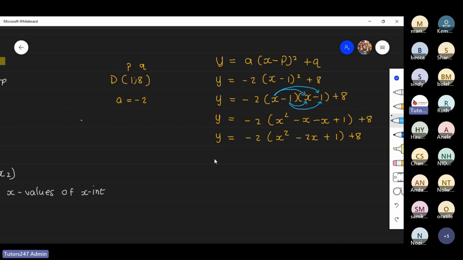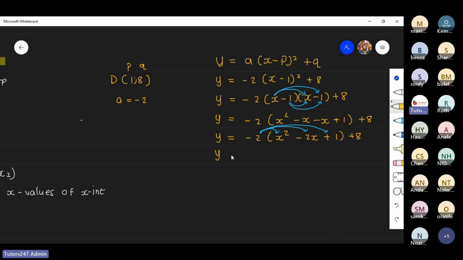From here we need to multiply that -2 from outside the bracket into the bracket. And when you multiply, remember you multiply sign, number, then variable.